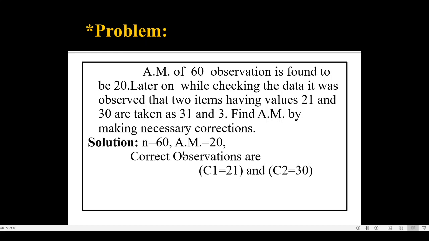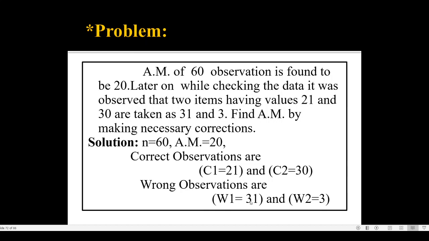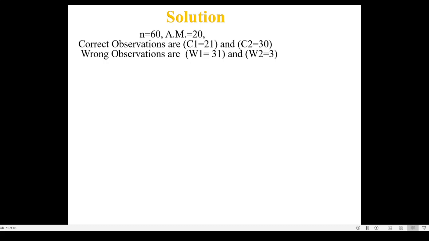See here, the correct observations are C1 is equal to 21, C2 is equal to 30 and the wrong observations are 31 and 3. Then we know that the formula of arithmetic mean if raw data is given is x bar is equal to summation xi upon n, which means sum of all observations upon total number of observations.